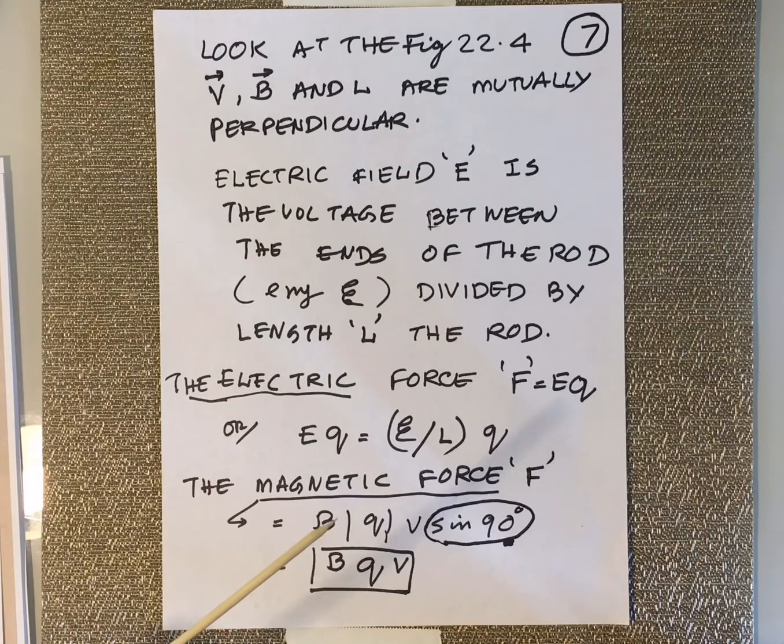Then we have magnetic force equals B times Q times V times sine theta, where theta is 90 degrees here. So we have B, Q, V. Sine 90 is 1.